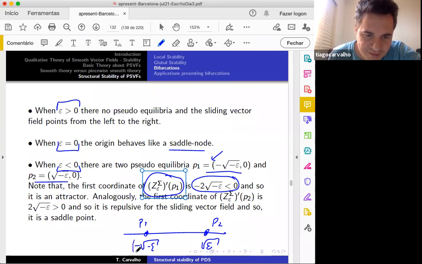To be more precise, there is a 0 here, but I will omit this, okay?